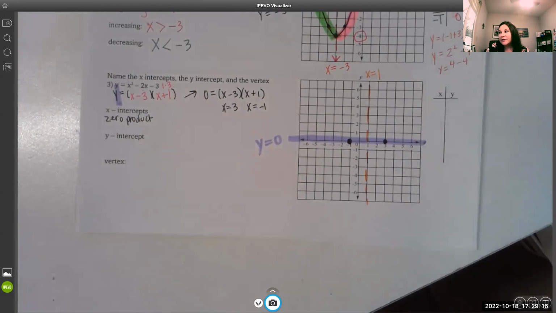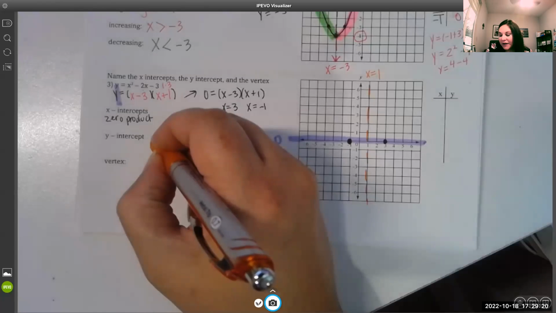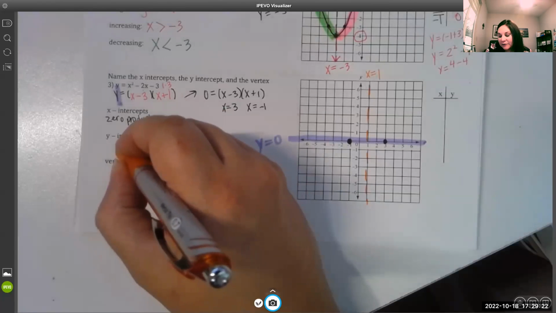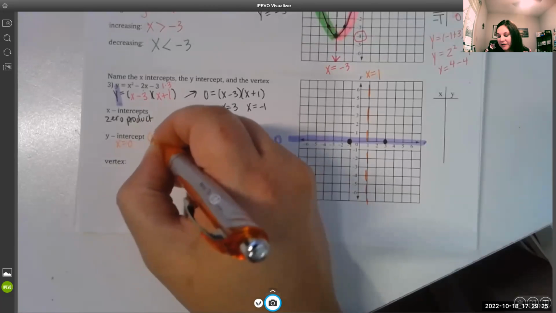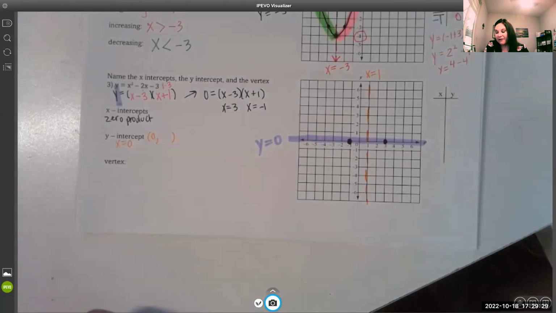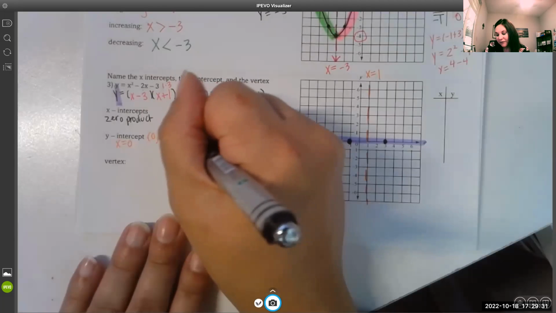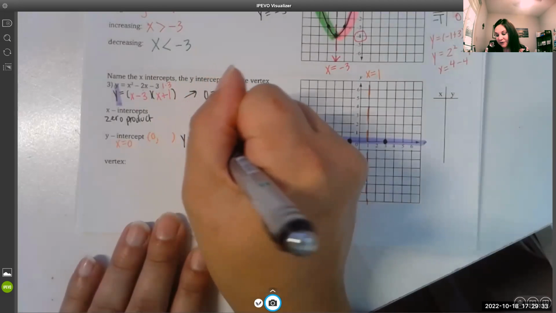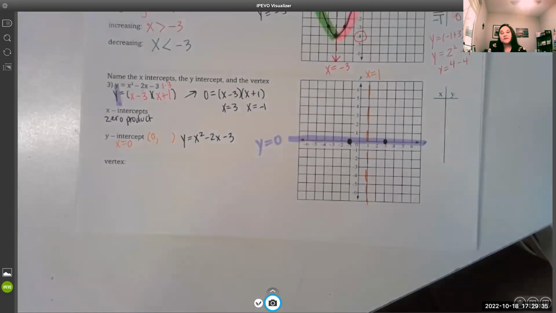The y-intercept is going to be whenever the x is equal to 0. And so I'm looking for the point 0, comma, whatever. If I have this equation to start from, if I don't look at the factored form, the y-intercept is very easy. So please see if you can tell what the y-intercept is. That's when the x is 0.